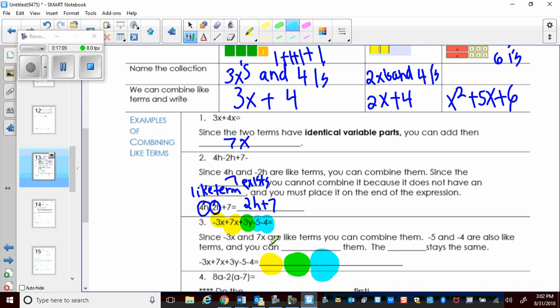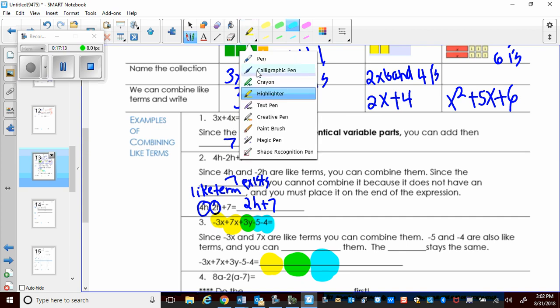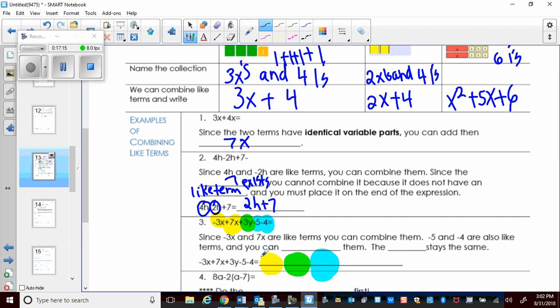Negative 3x plus 7x, if I think about it, I'm going to get negative 4x. Now, for my y terms, it's by itself, so it just comes down. It retains its identity. 3y. And for my numbers, minus 9.